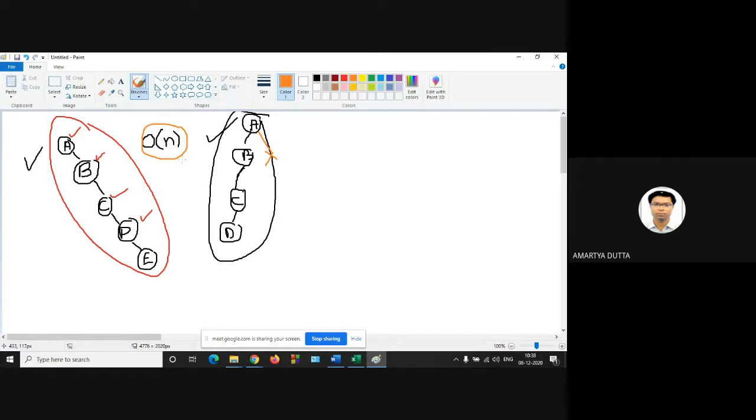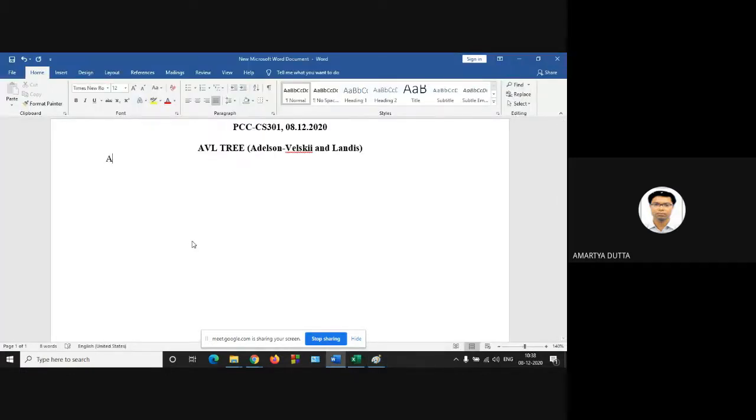So it is not a height balanced tree. Skew tree is not a height balanced tree. But the AVL tree, another name is height balanced tree. AVL tree is a binary search tree, and it is height balanced.